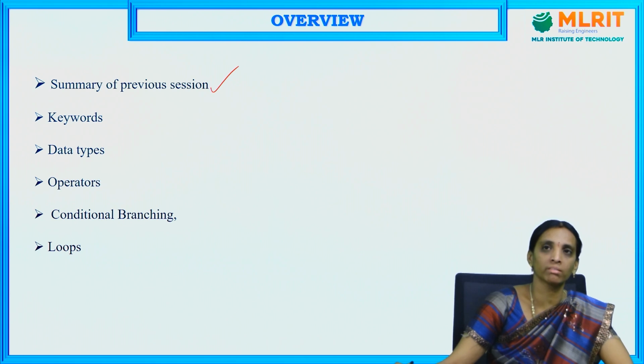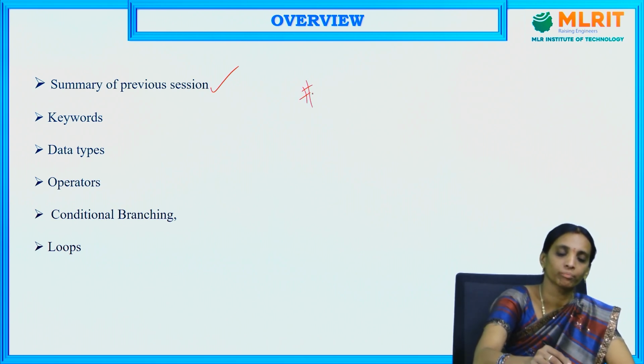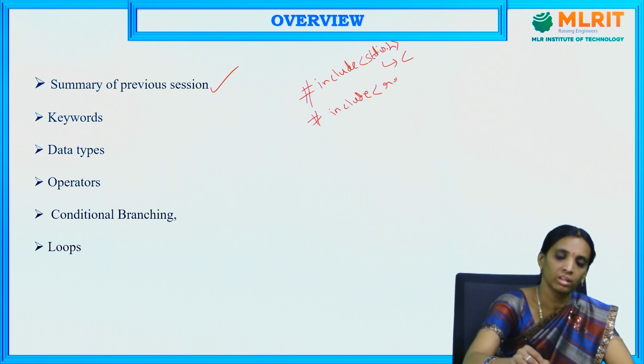In embedded C language, we start with hash include stdio.h in C language. In embedded C, we have to write this as register 51.h.